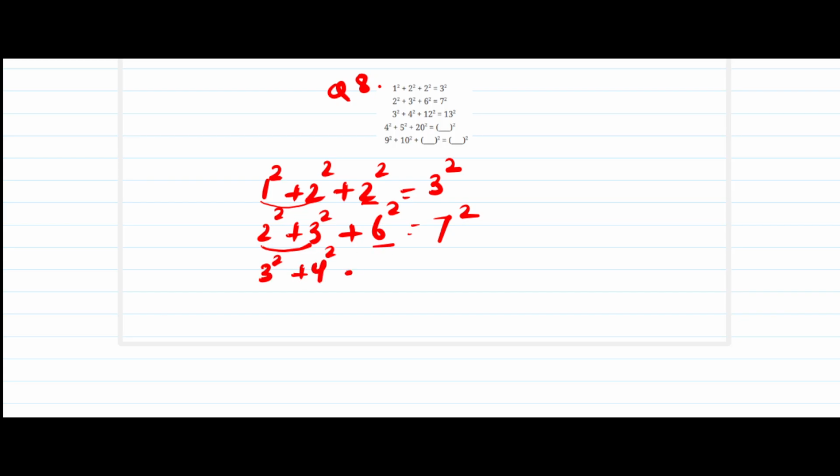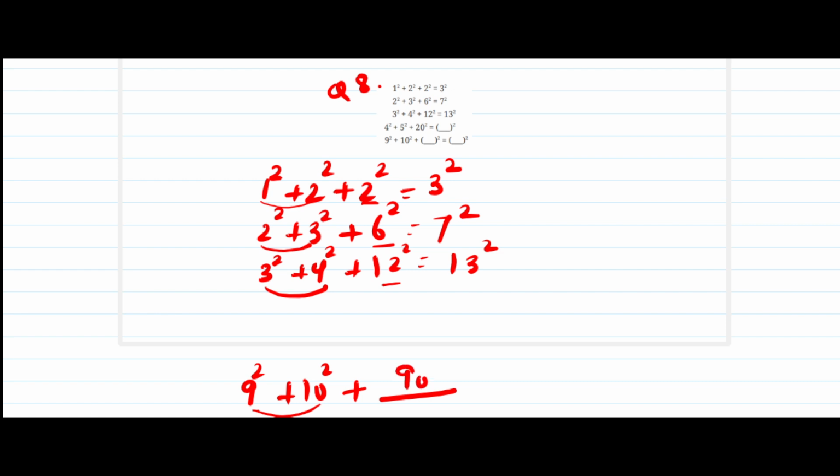Next step is 3 into 4 is 12. It will lead us to the last fill-up. So this is 9 into 10, which is 90 square. Square is already given, right? So some fill-ups we need to figure out.